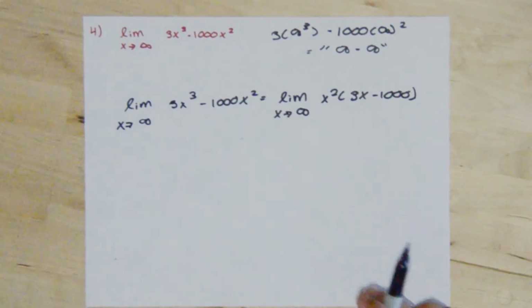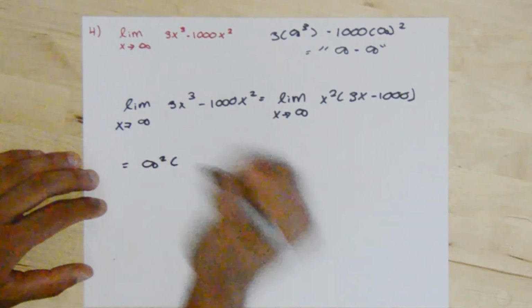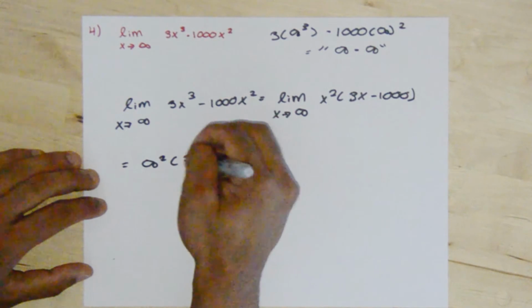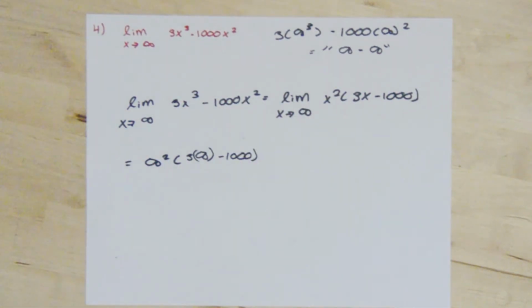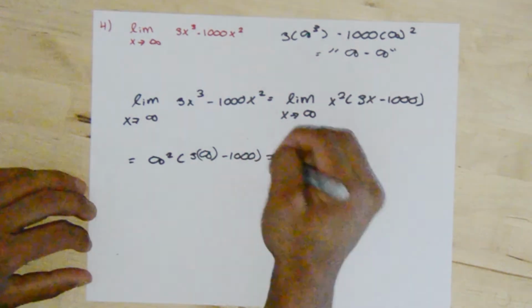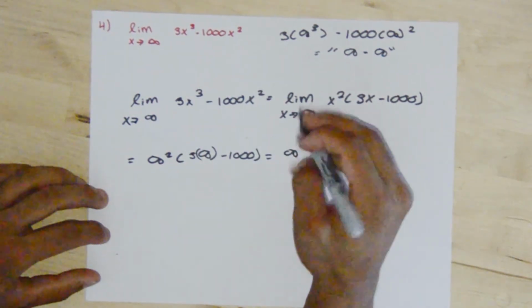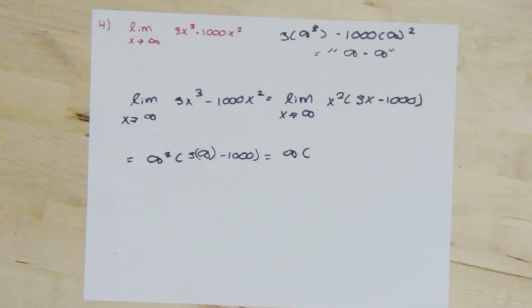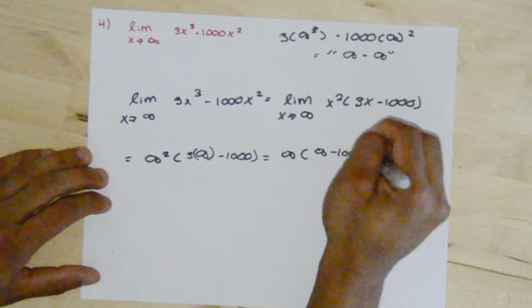But if we plug in infinity for x, we get infinity squared times 3 times infinity minus 1000. Using our infinity rules, the infinity squared will be equal to infinity, and the 3 times infinity will be infinity. The 1000 will stay the same.